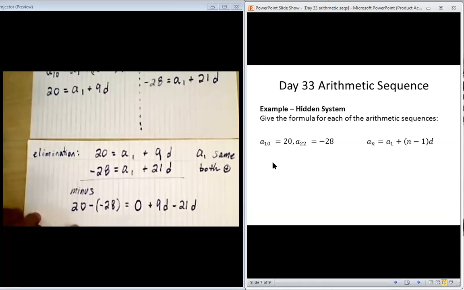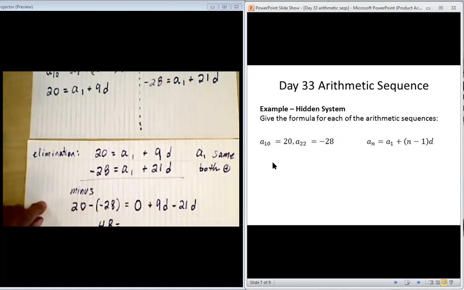So good people, what is this going to equal? Well, subtracting a negative means it's going to be positive now, right? So this will be 20 plus 28, so that'll be 48. Here we've got some subtraction going on. So you take the bigger minus the smaller and keep the sign.